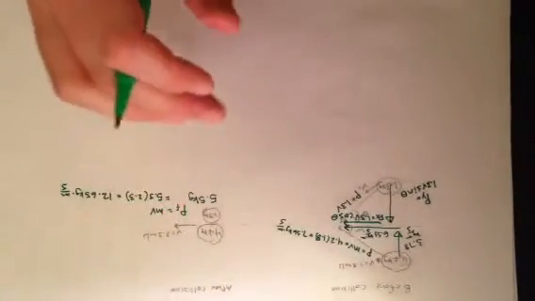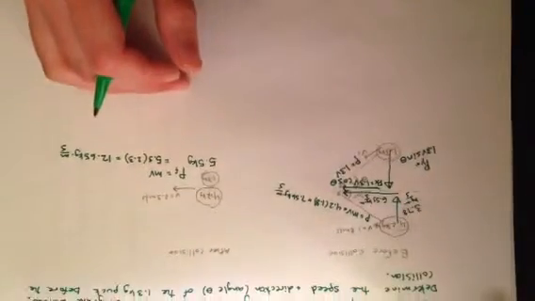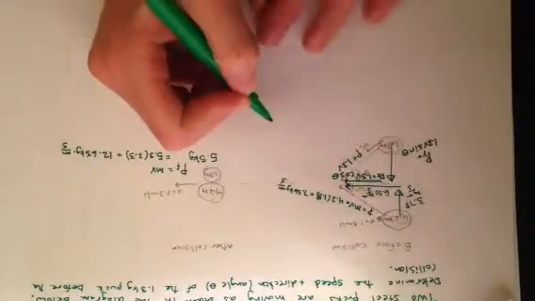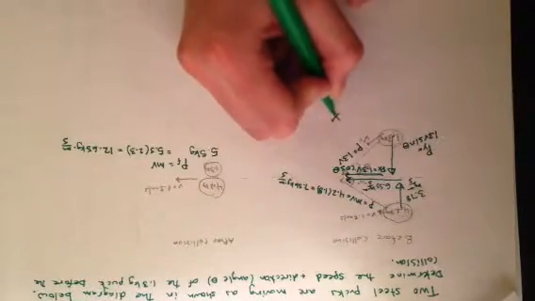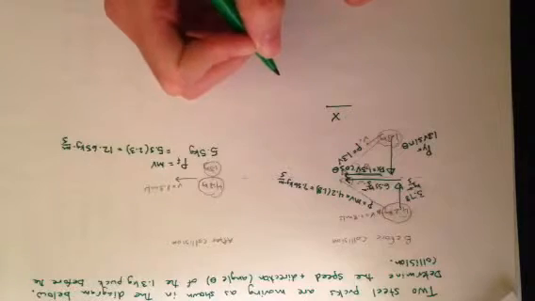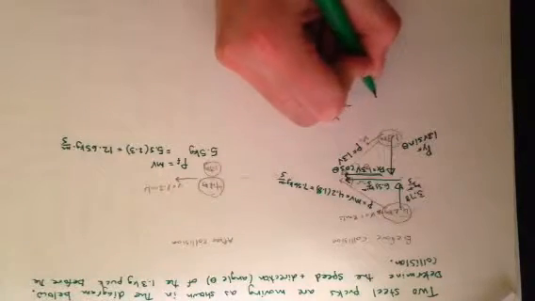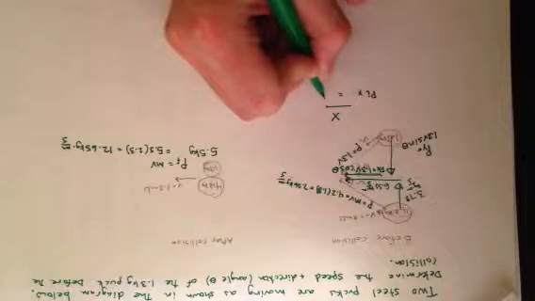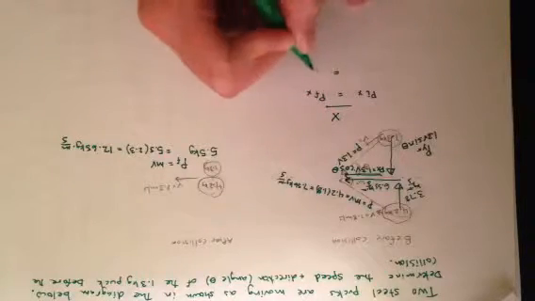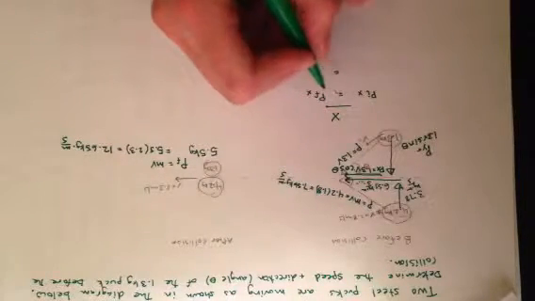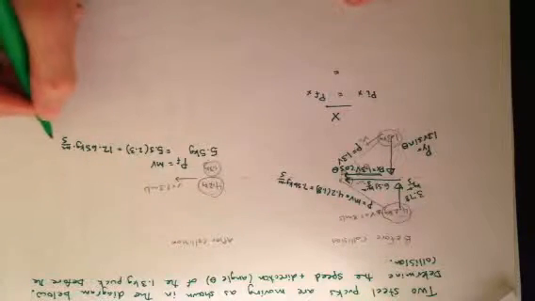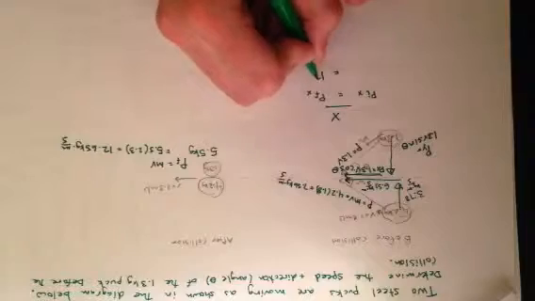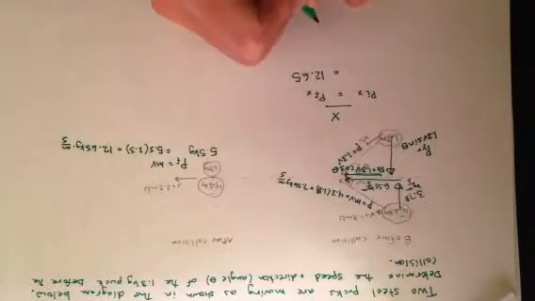Great. So now let's go ahead and set some stuff up. And I'm going to show you a little more mathematical way than the way we talked about in class. So let's look at the x direction first. In the x direction, initial momentum in the x has to equal the final momentum in the x. The final momentum is 12.65 kilogram meters per second, so I'm going to write that down, 12.65.